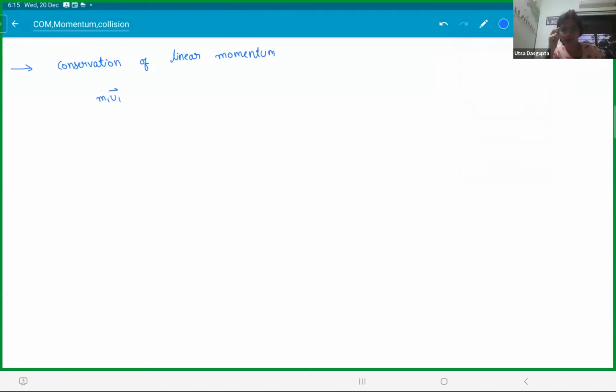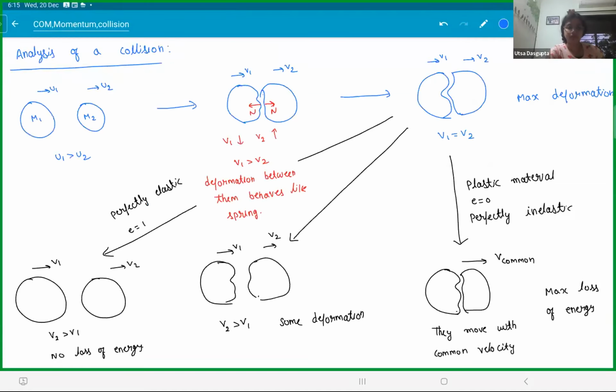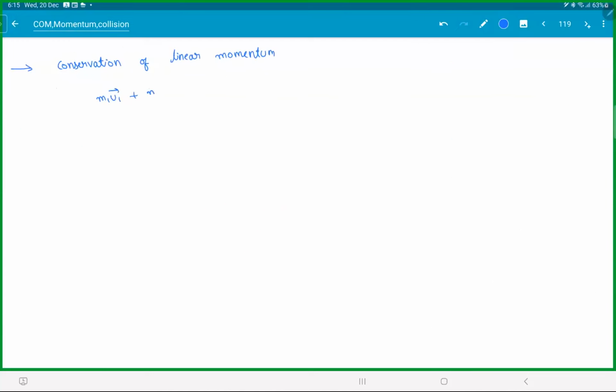So can you go to the previous slide once? M1 U1 bar plus M2 U2 bar is M1 V1 bar plus M2 V2 bar. Momentum conservation. The second thing, we have something called E, which is the coefficient of restitution.